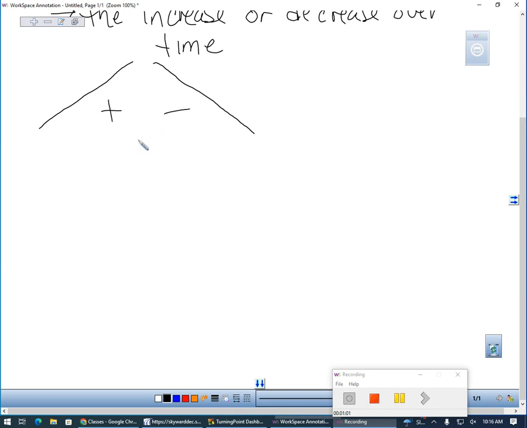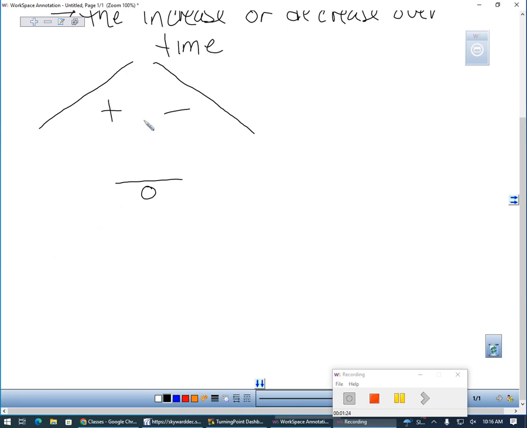If you have a line that is going horizontal, so straight across, if I were to set a car on that line, and it doesn't have a hill or a slant down or anything, how fast is that car going to move? It's not moving, so our rate of change would be 0.